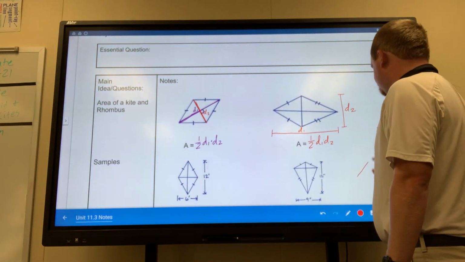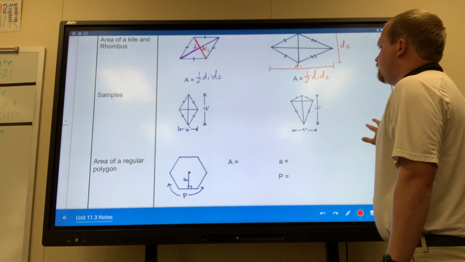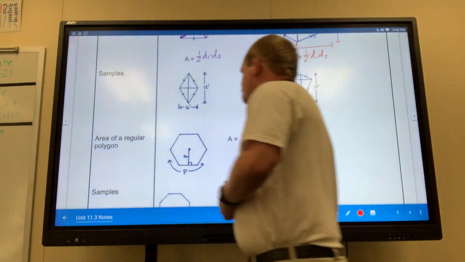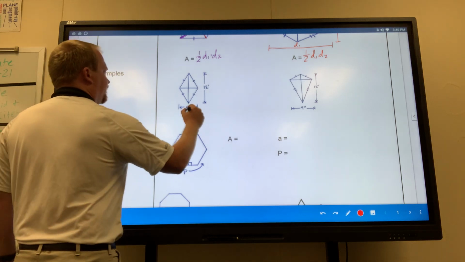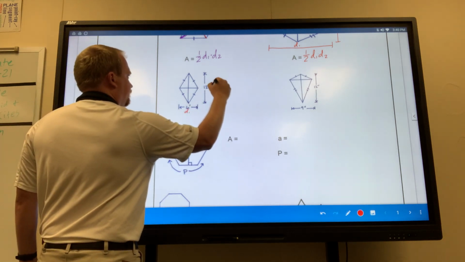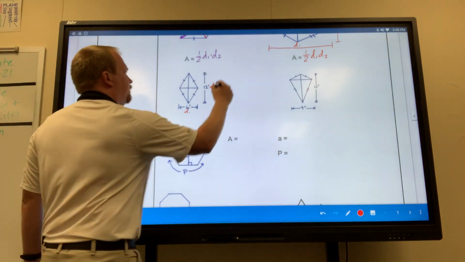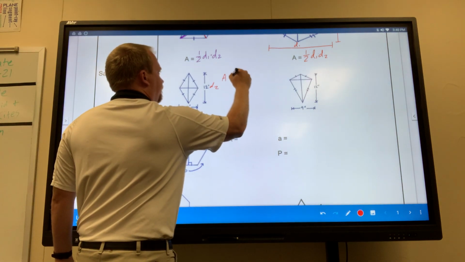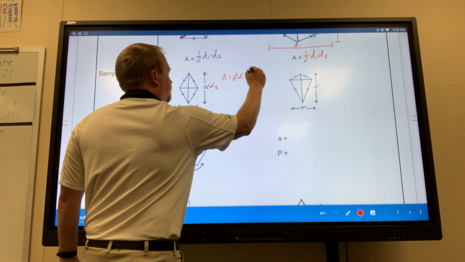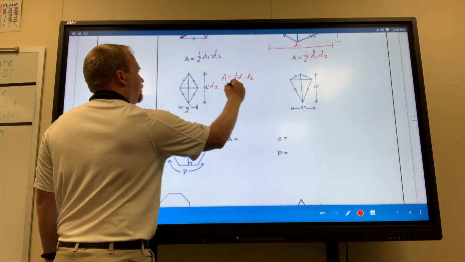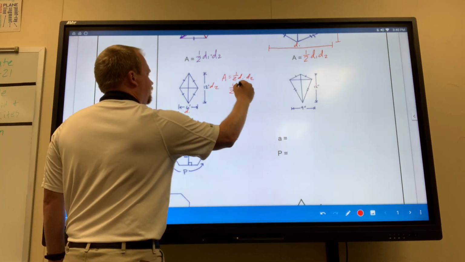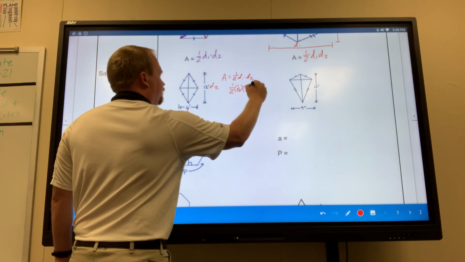So let's look at this example right here. So let's say this is diagonal 1, this is diagonal 2. In order to find that area, remember 1/2 times diagonal 1 times diagonal 2. So that means I'm doing 1/2 times 6 times 12.